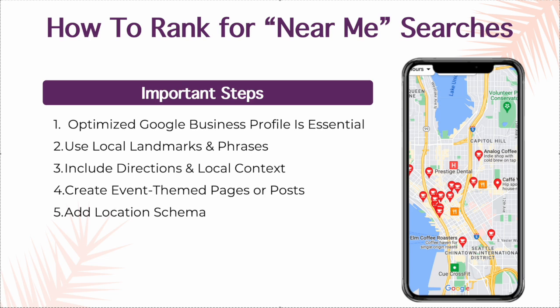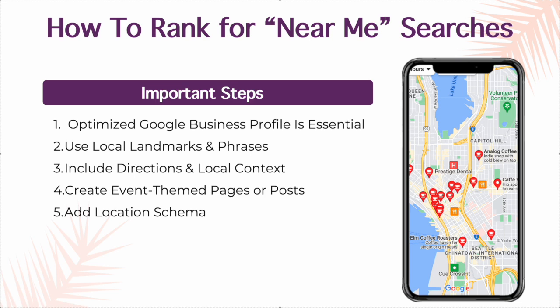So steps away from the post office, take I-90, get off at whatever exit, different ways that people can get there, light rail, whatever stop you're closest to. The more information you can provide that somebody might be searching, the better off you're going to be.